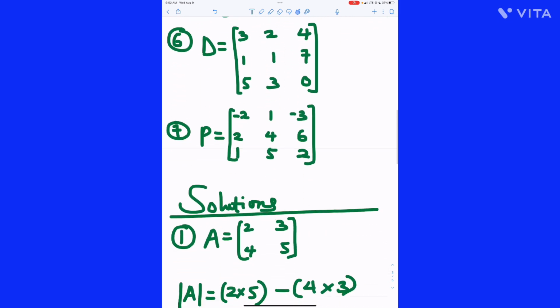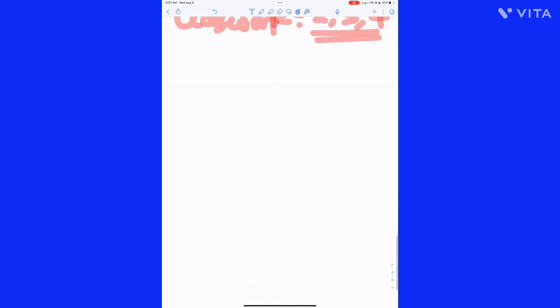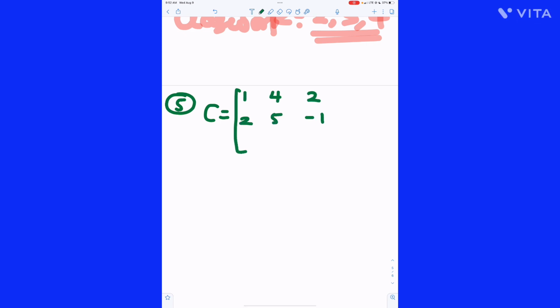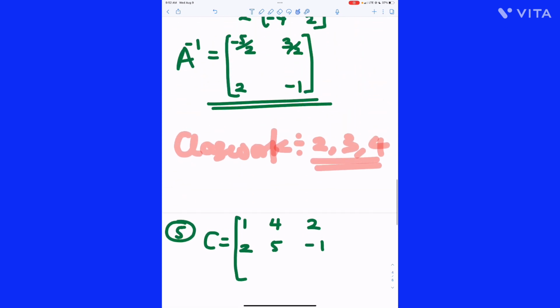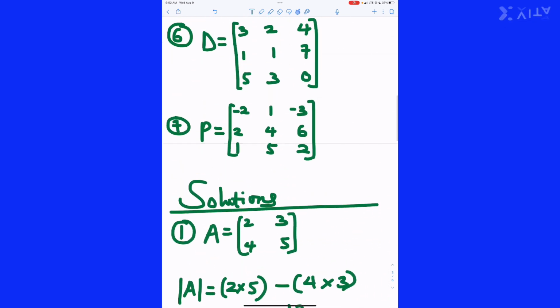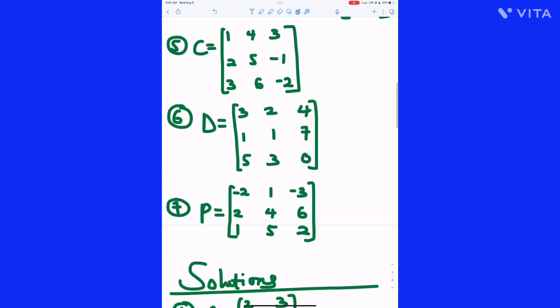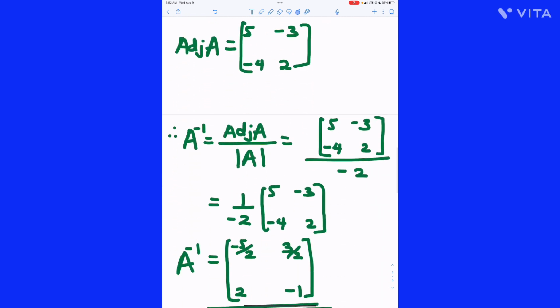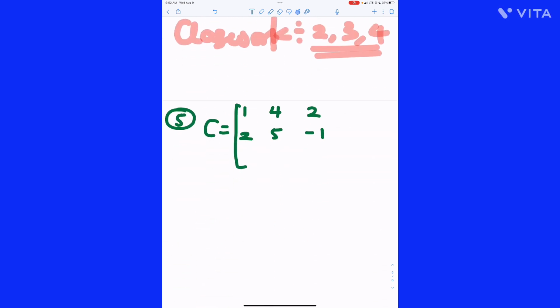C is 1, 4, 3, 2, 5, minus 1, 3, 6, minus 2. So let's find the inverse of this 3 by 3 matrix.